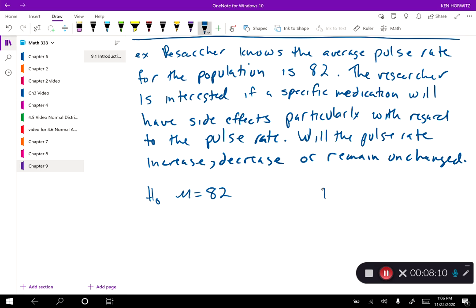All right, H1 is the alternative, and since the researcher is exploring whether the medication could increase the pulse or decrease the pulse rate, we could say our alternative, our opposite hypothesis, would be that it does not equal 82. And we're not going to take the problem any further. Again, I just want to talk about the null and alternative hypothesis. All right, good.